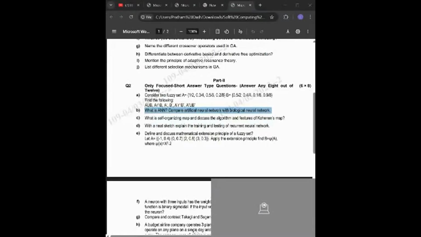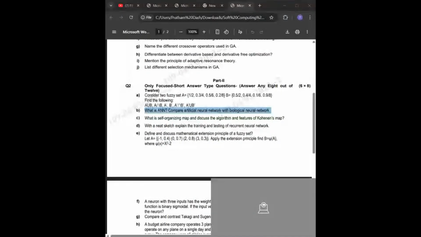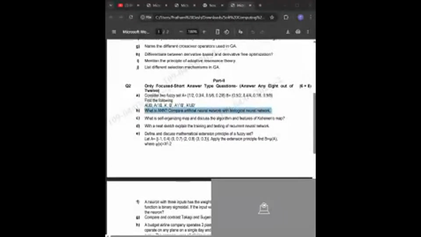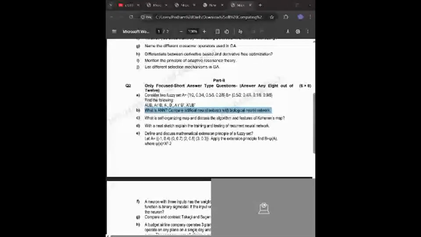For the better or the worse, let's just skip for now. Our brain learns automatically through experience, but ANNs need training data and algorithms to learn.